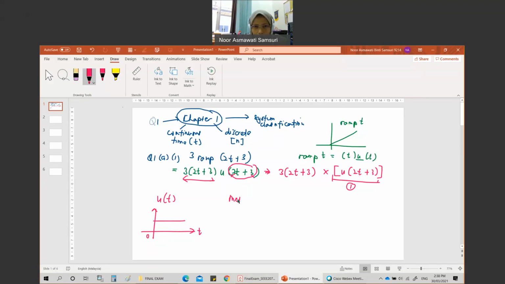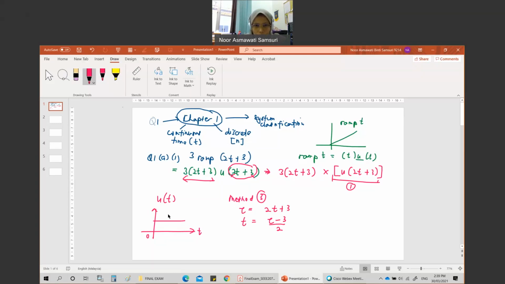State in your answer sheet: method 3. Whatever inside the bracket will be represented by tau. Tau equal to whatever inside the bracket, which is 2t plus 3. So now, what is t? Your t equal to tau minus 3 divided by 2.